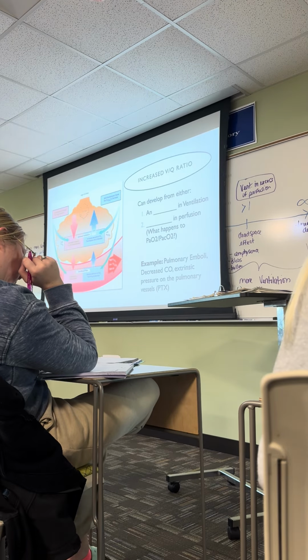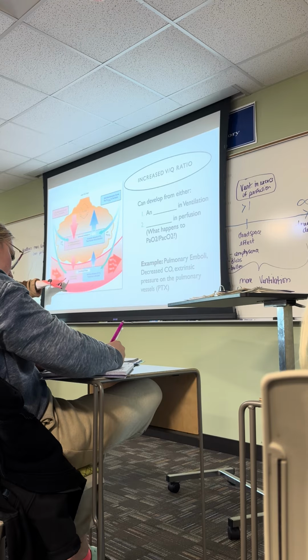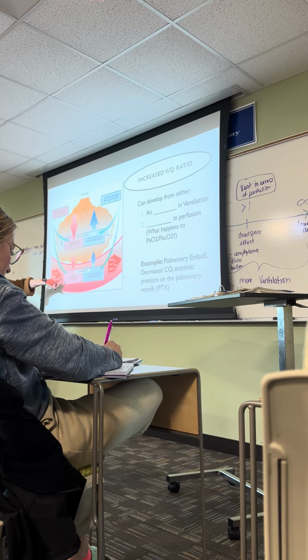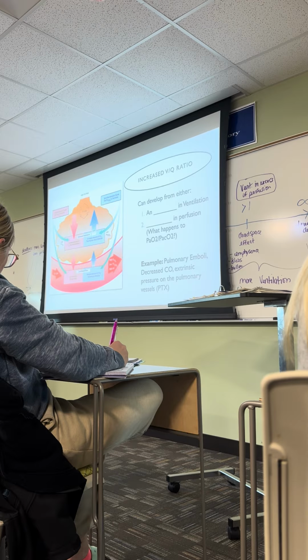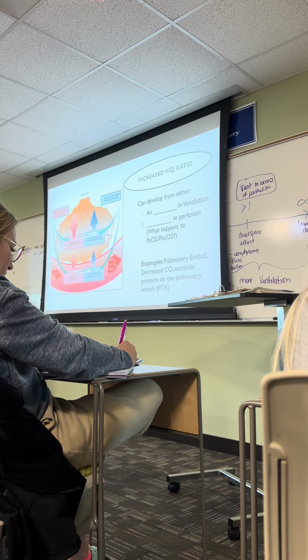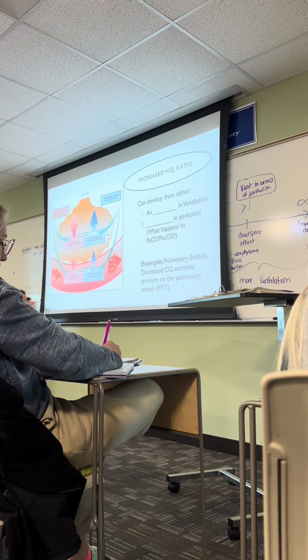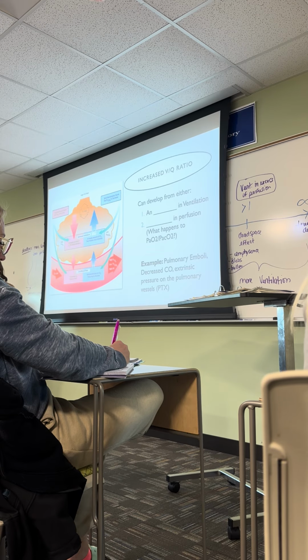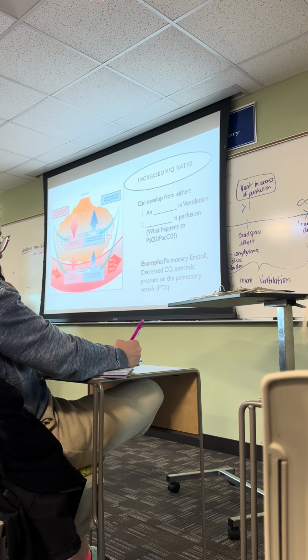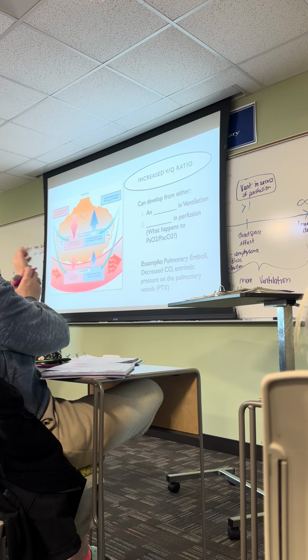So if you see here, this is our blood flow decreased, decreased O2 diffusion rate, reduces amount of CO2 returning to the alveoli. Up here, increased ventilation is what's happening, what the cause is. So we are having an increase in ventilation, and that is going to change that ratio, right? If our ventilation is higher than that average of 4, that's also going to change my ratio and make it more of a dead space issue.